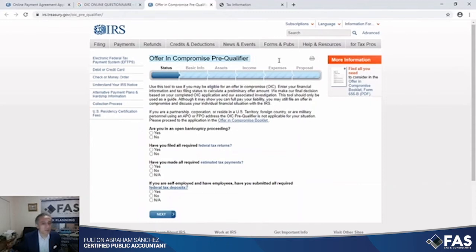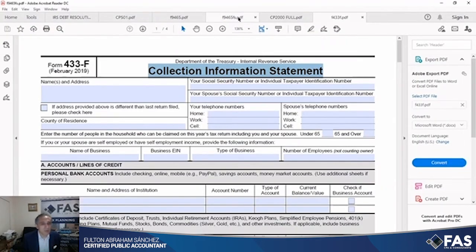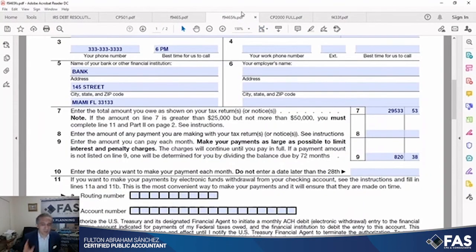The IRS is not going to accept the proposal, and your income is not enough to pay in 36 months or in 72 months.